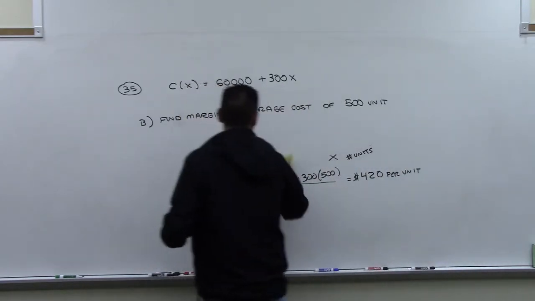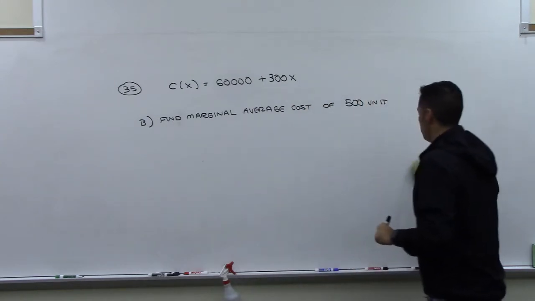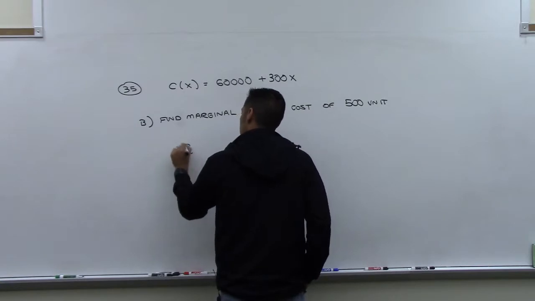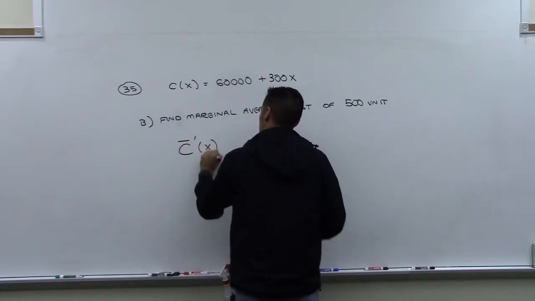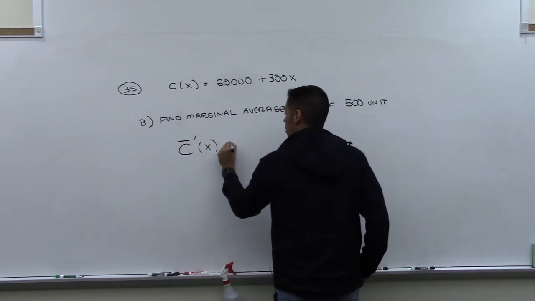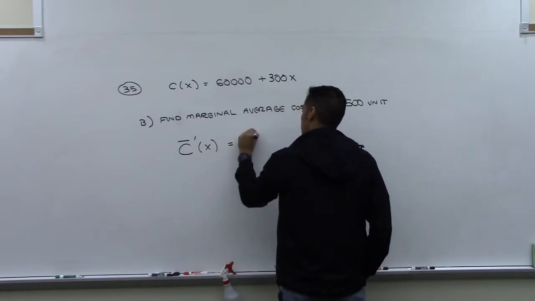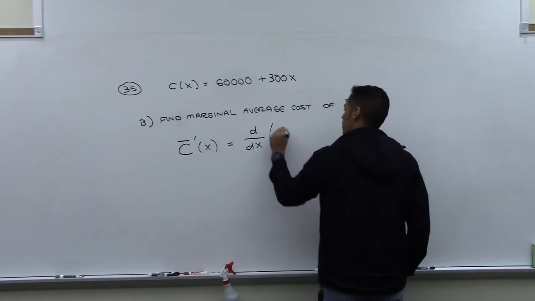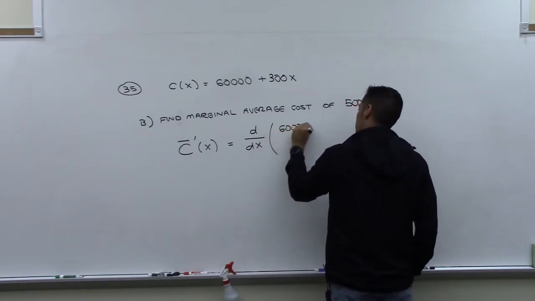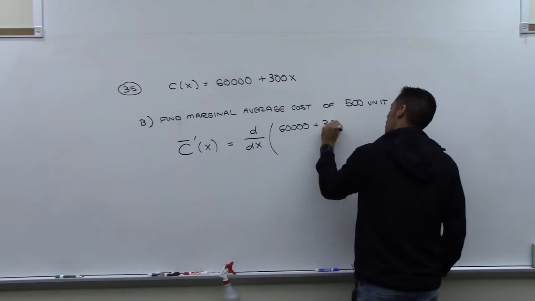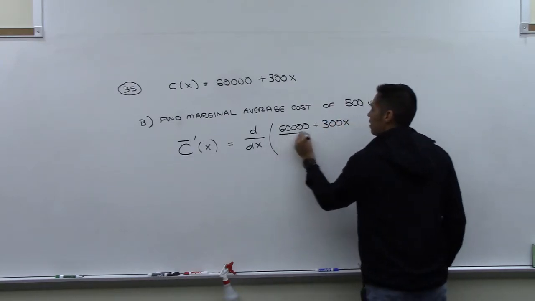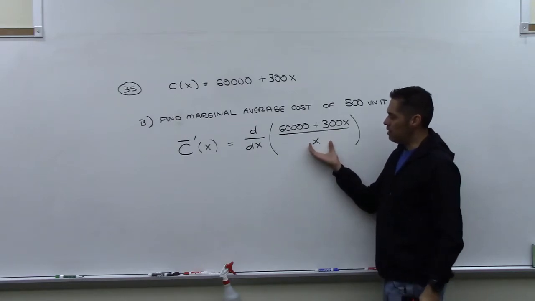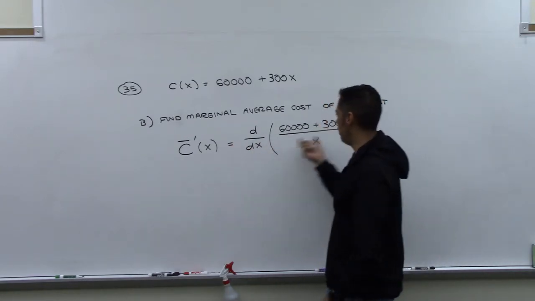So the definition of the marginal average cost is that it is the derivative of the average cost function. So remember, that means it's the derivative with respect to x of that average cost function, which we just did previous to this. This was our average cost function, and the marginal average cost would be the derivative of this.